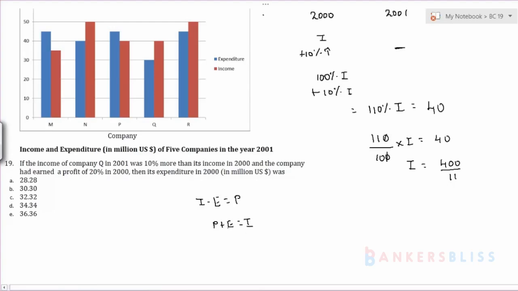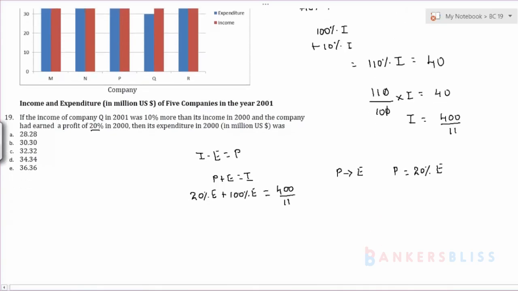You know the value of income, and they have given the profit as 20% in 2000. Profit is always calculated on expenditure. So in the place of profit we can write 20% expenditure, plus the expenditure, which is 100% expenditure, is equal to the total income, 400 divided by 11.